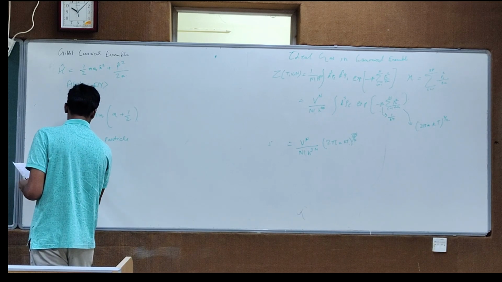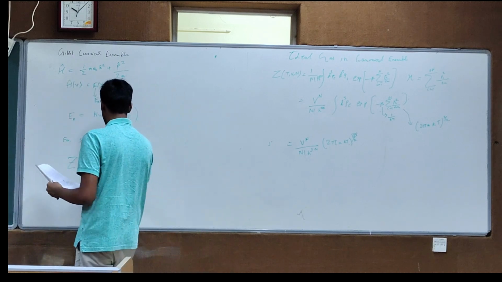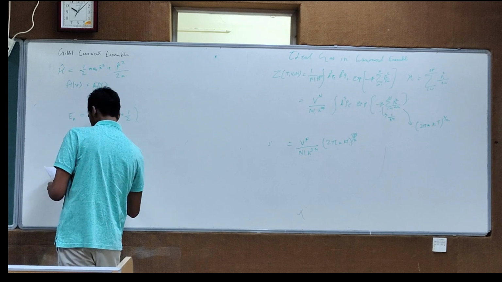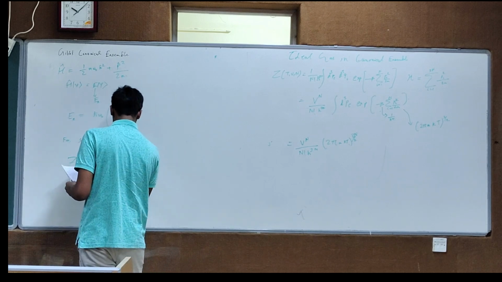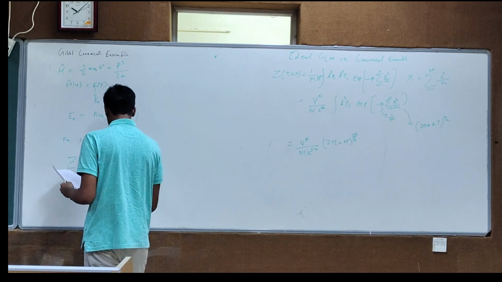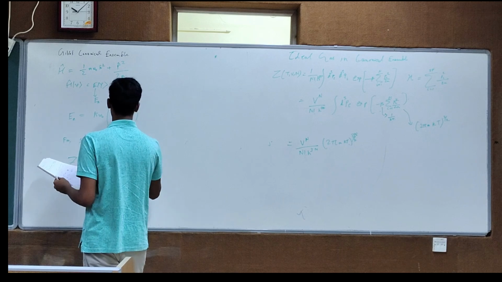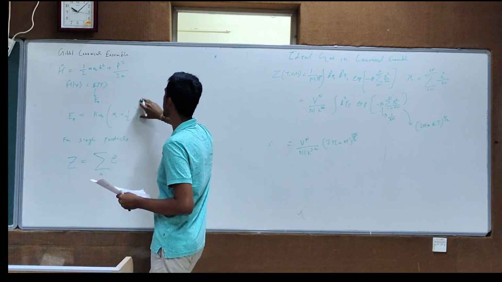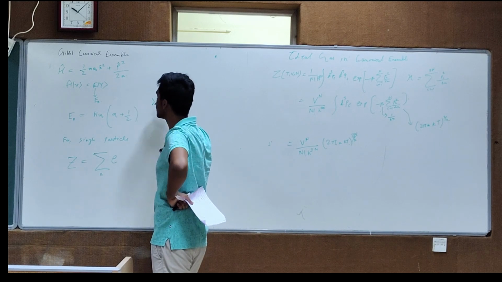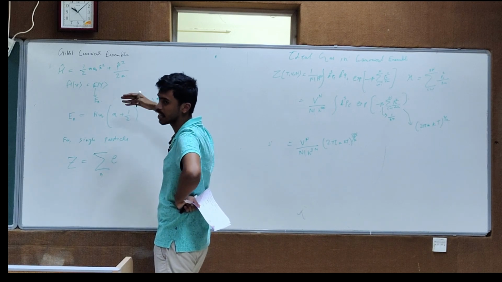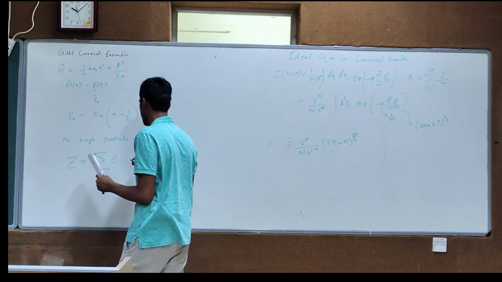So in this case, your partition function would just be basically the sum over n. This for a single particle. I am neglecting this half h cross omega part. It's just a constant thing adding to the energy, so I'm not including that in the partition function calculation.